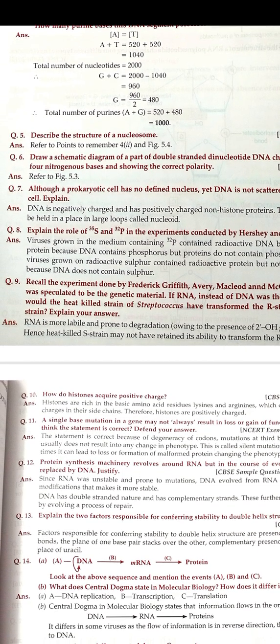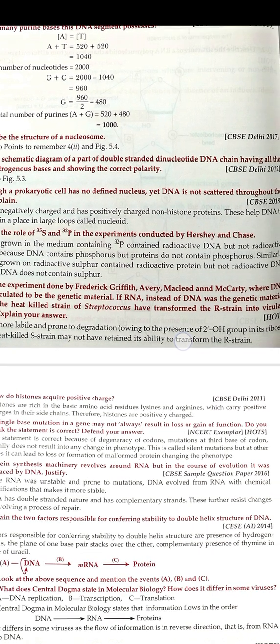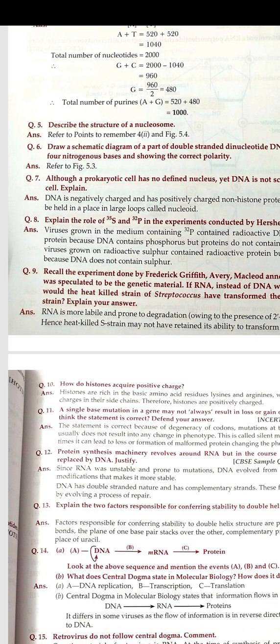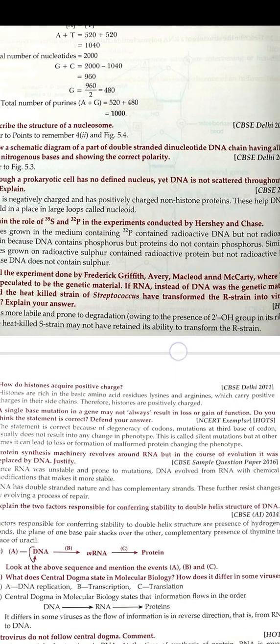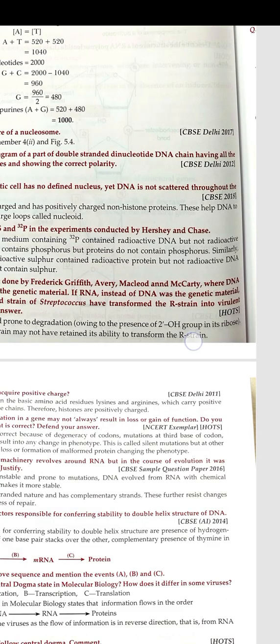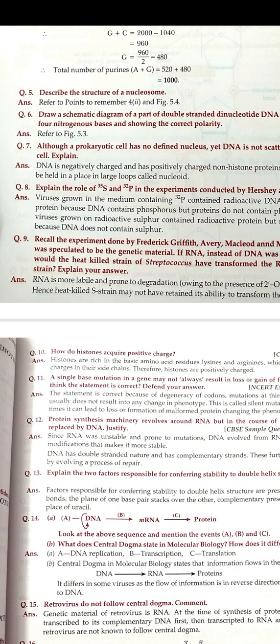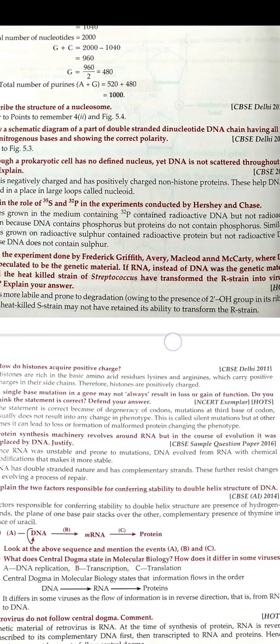Now next question number 8. Explain the role of sulfur 35 and phosphorus 32 in the experiments conducted by Hershey and Chase. The answer is, viruses grown in the medium containing phosphorus 32 have radioactive DNA but not radioactive protein, because DNA contains phosphorus but proteins do not contain phosphorus.